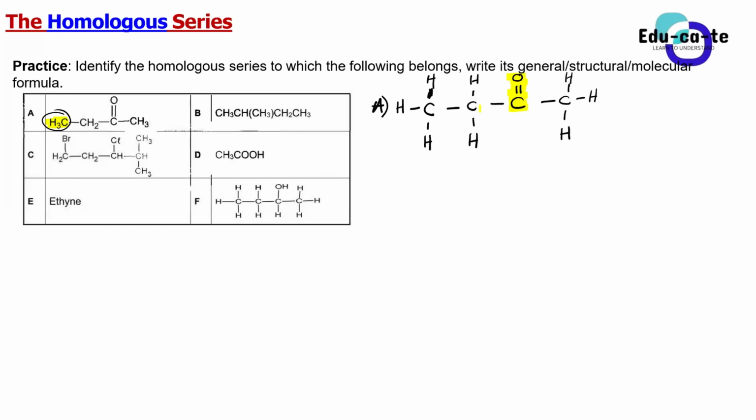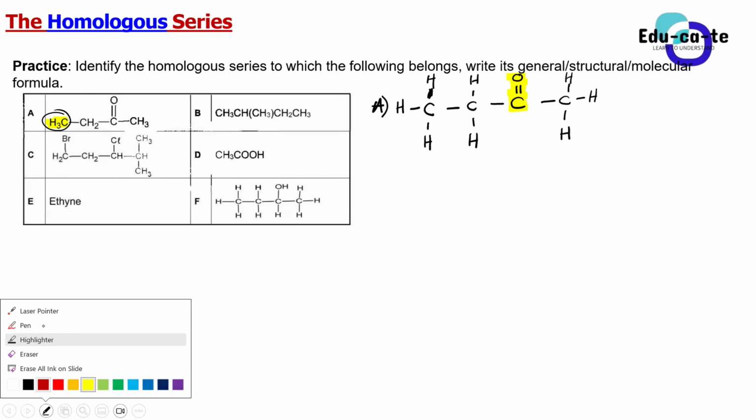So in this case, the functional group that we are able to identify in compound A is a carbon double bonded to an oxygen. But you already know, guys, that ketones and aldehydes are similar to one another, because all of them have a carbon double bonded to an oxygen. The question is, where is this carbon located?